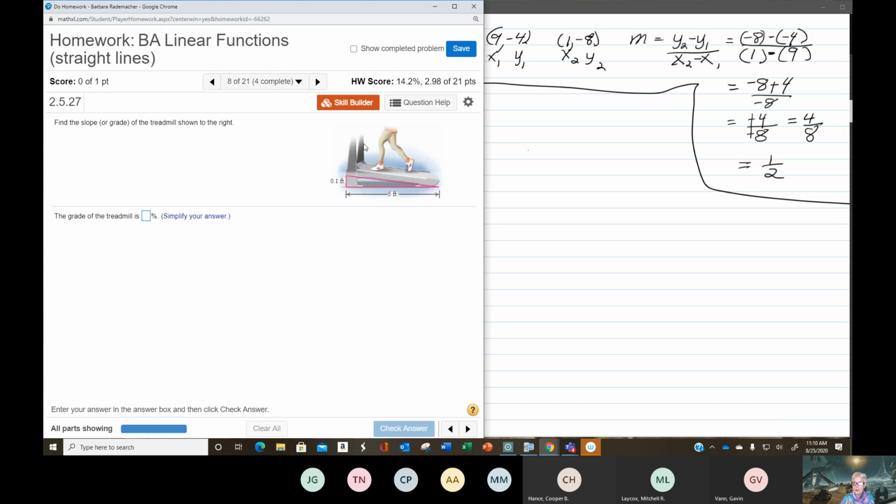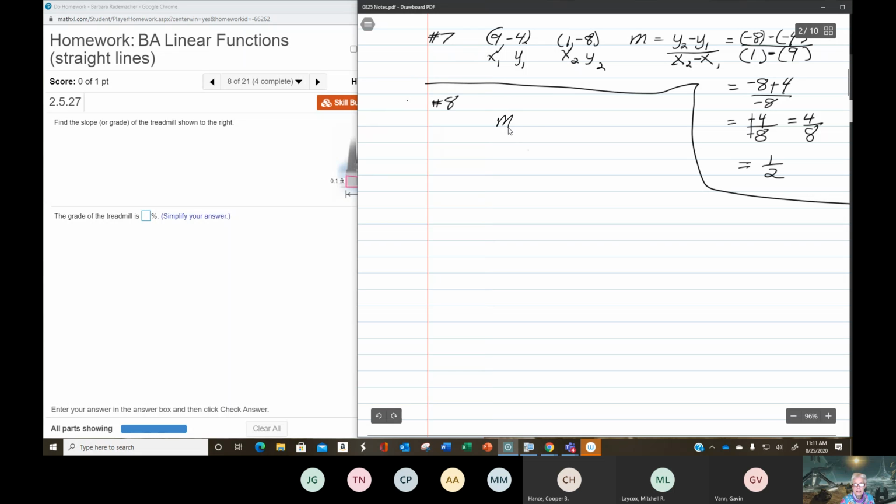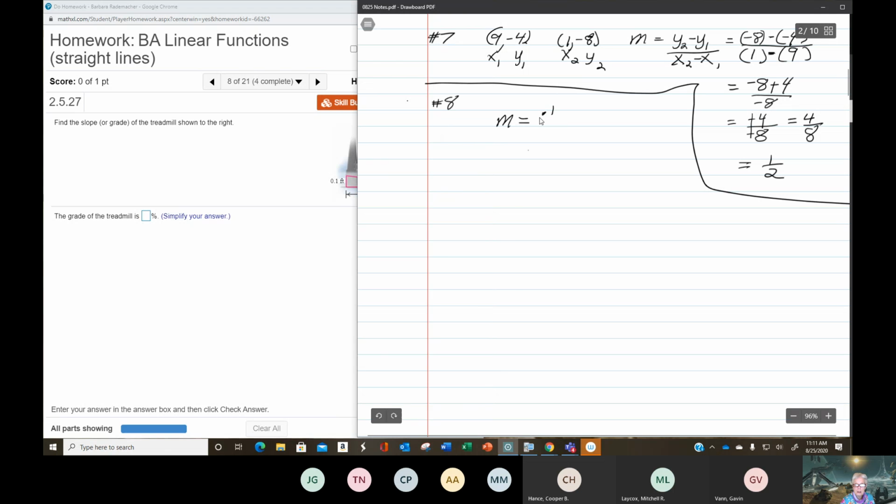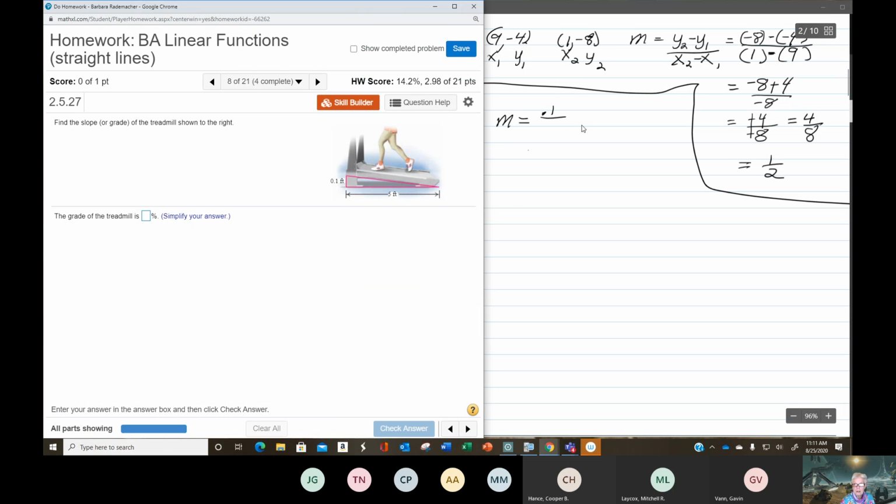Just like a road has a grade, well, the grade is just a slope, but it's given as a percent. If you look at the screen farther down below, they're looking for a percent. So first we find the slope. M equals the rise over the run, 0.1 over 5.